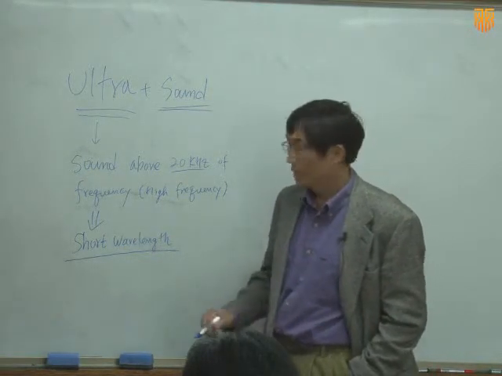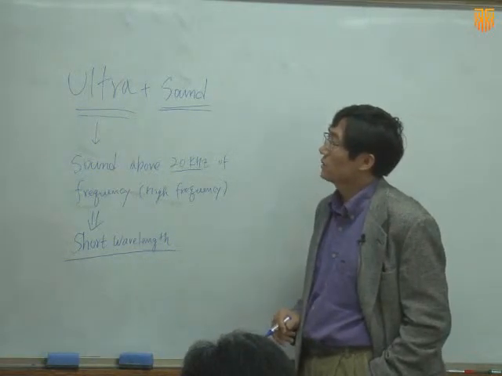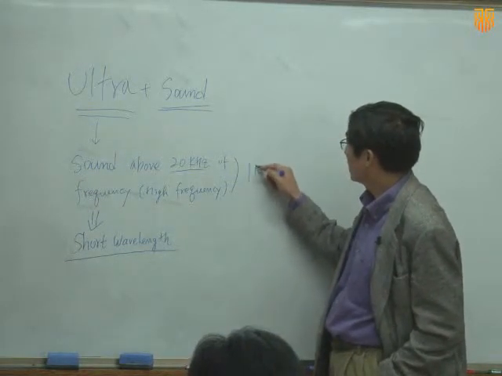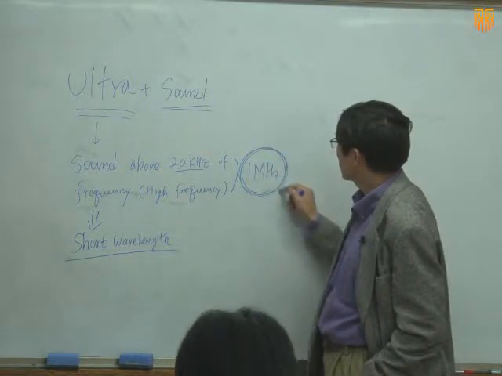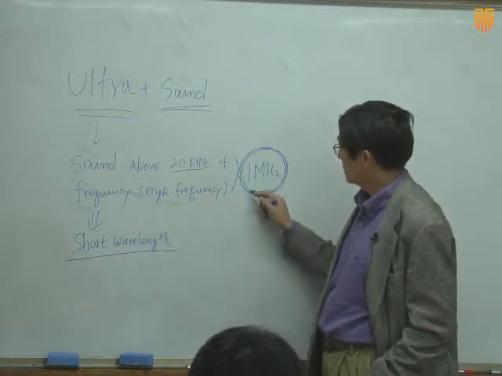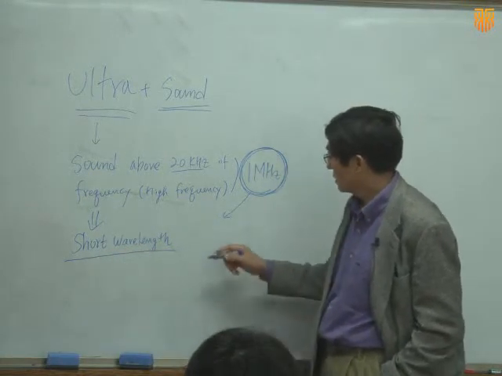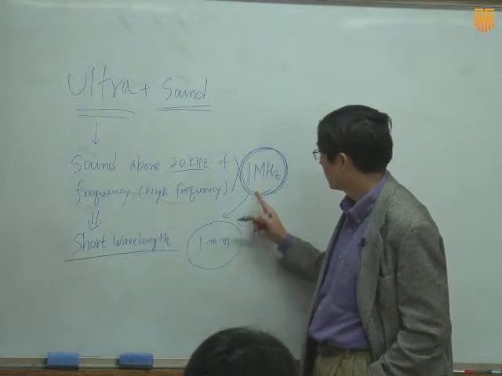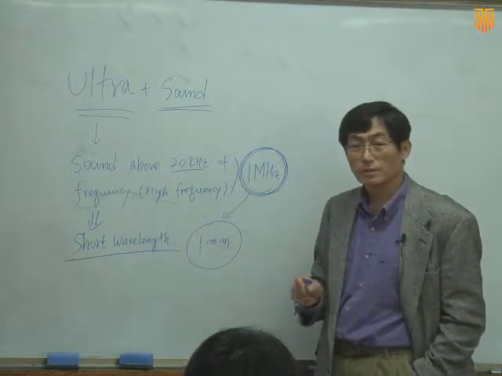How short? Usually in ultrasonic non-destructive testing, 1 megahertz is the typical frequency of ultrasound. Related to the short wavelengths, the wavelength scale is 1 millimeter. 1 megahertz ultrasound has a 1 millimeter wavelength.